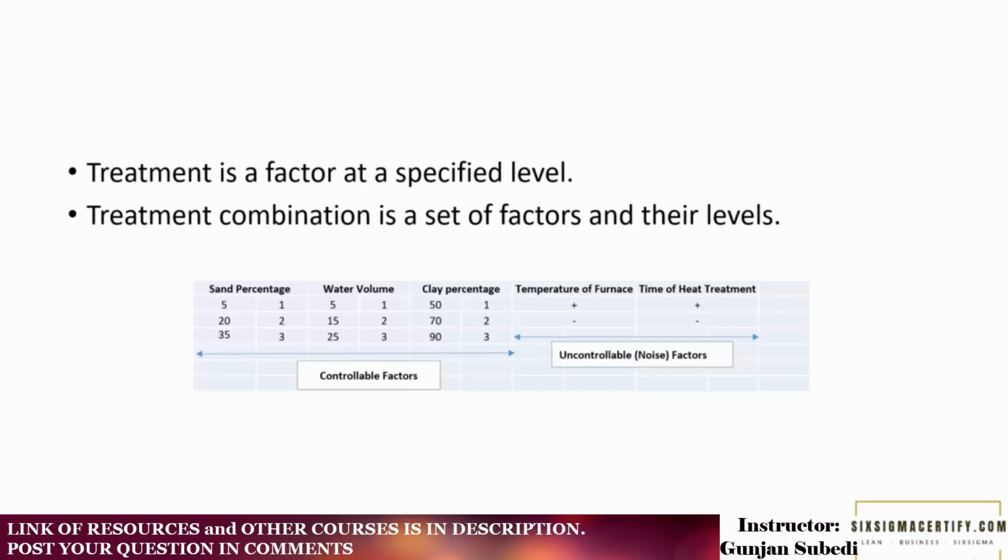So we have 5 treatment combinations here: 1 for the treatment combination of sand, 2 for water, 3 for clay, 4 for temperature of the furnace, and 5 for time of heat treatment.